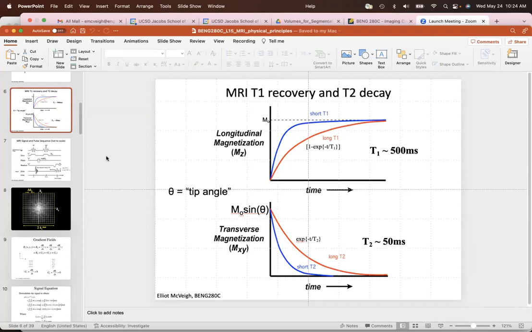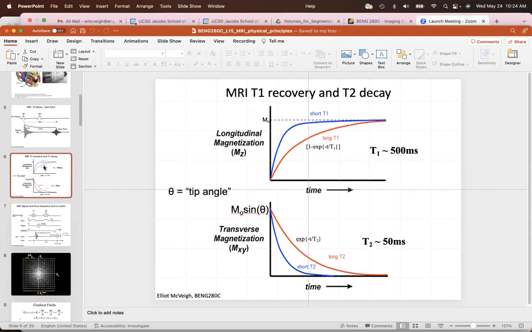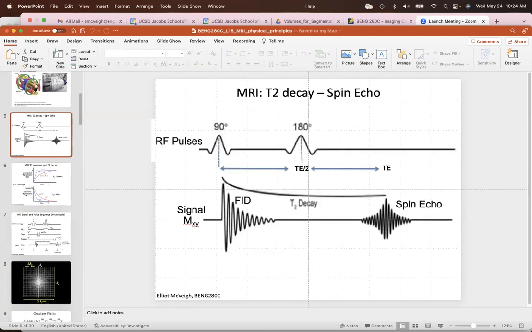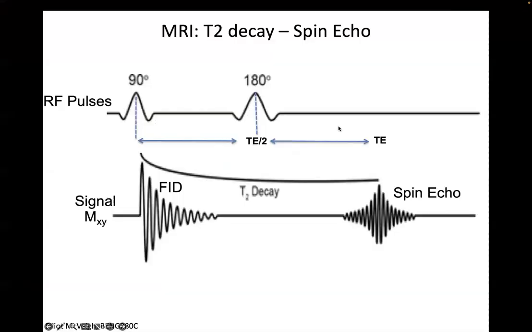So let's just review quickly. Here's our basic pulse sequence, where we have the 90. Magnetization goes down into the transverse plane, starts to precess in the transverse plane, causing this free induction decay. Because of magnetic field differences from point to point in the patient, the signal decays more rapidly than T2, which is this envelope.